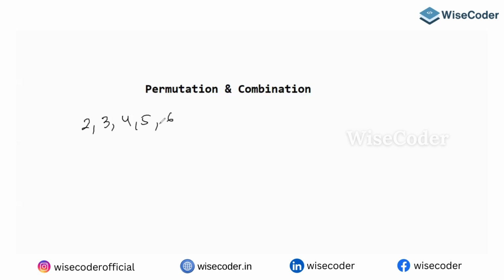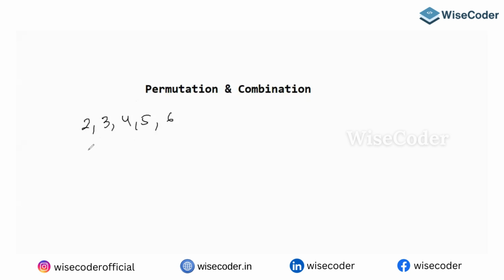So, what is the divisibility rule of 3? The divisibility rule of 3 says that the sum of the digits should be divisible by 3. Also, we have to use any 4 out of the 5 given digits, because I want a 4-digit number. We'll take it turn by turn.